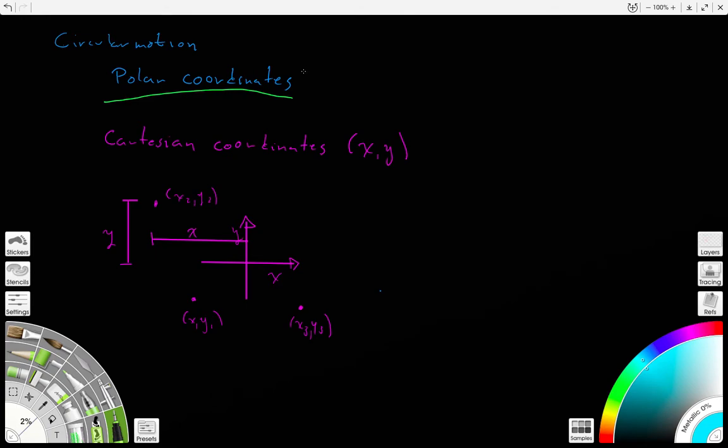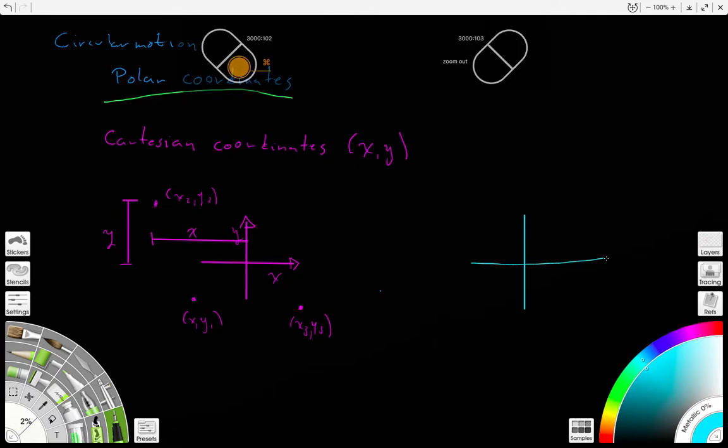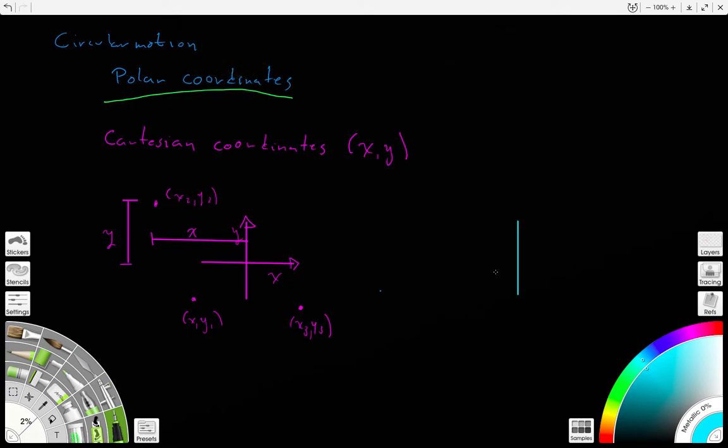Now, for polar coordinates, we also are going to have an origin. In this case, we can draw it exactly as our xy coordinate system, our Cartesian coordinate system. But now we're going to be using two different variables called r and theta. And just like in Cartesian coordinates, where we could use two values to pick any point within space, we are going to use these two variables to find any point within space, right?